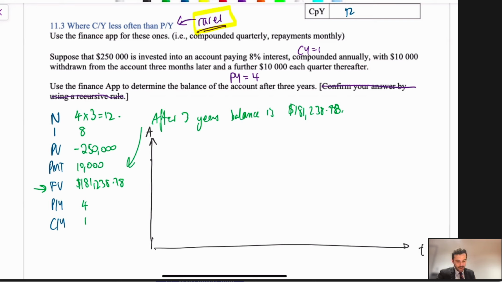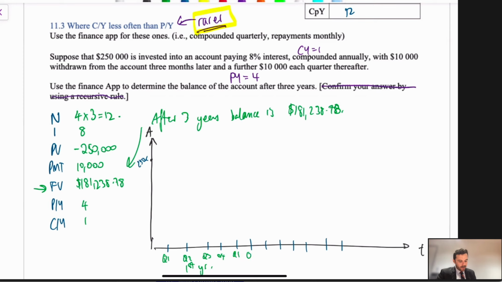So what happens is you start off on 250K. And then we'll mark these off 6, 7, 8, 9, 10, 11, 12. So there's going to be 12 compounding or withdrawal events occurring before it's 3 years. If you want to think about it, this is quarter 1, quarter 2, quarter 3, quarter 4, and this is the first year.